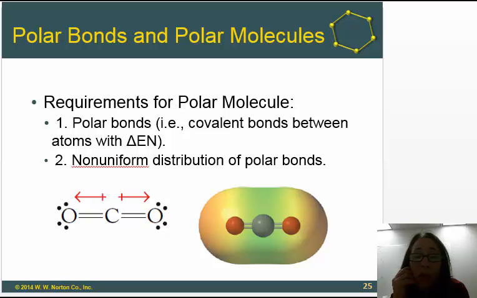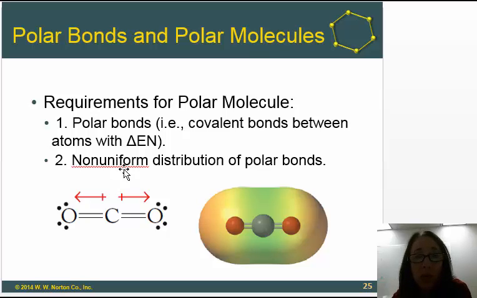So polar bonds and polar molecules. Requirements for a polar molecule: there have to be polar bonds, which means there's a difference in electronegativity, and there has to be a non-uniform distribution of polar bonds. And this happens when the molecule is not very symmetric.